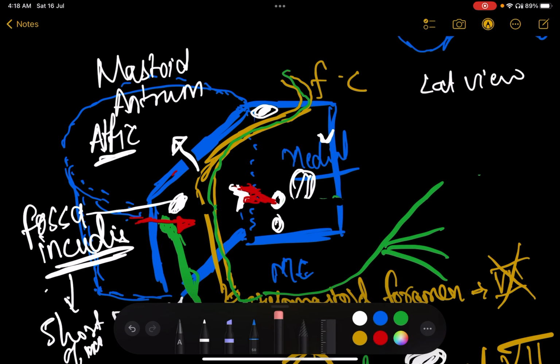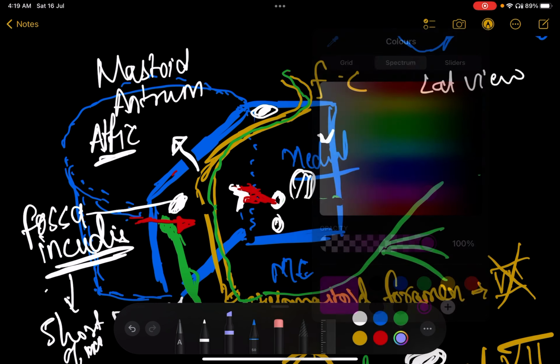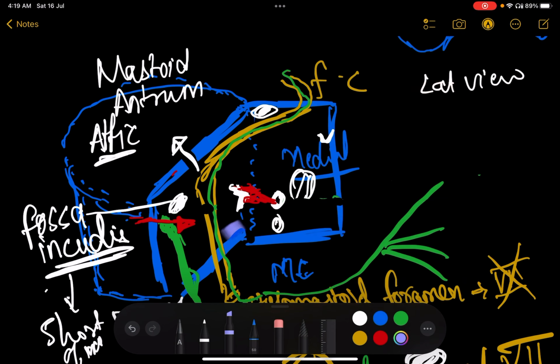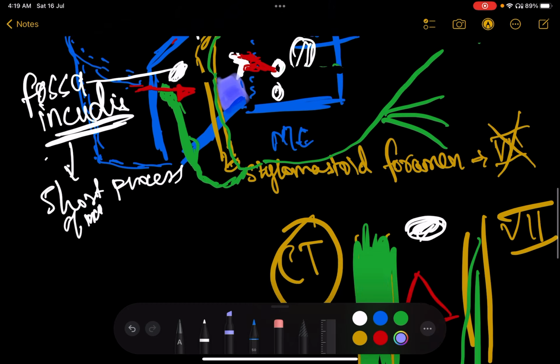All right, so this area out here. Usually, when we enter into the rooms from here, we often approach the shaded area, simply because there is a facial canal which is protruding.